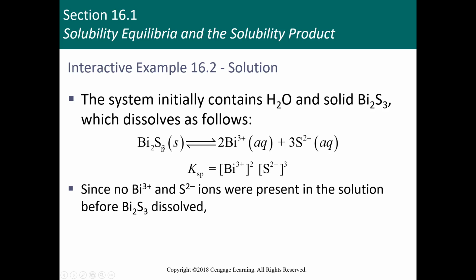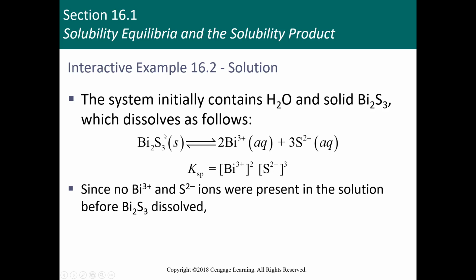And so you're going to have 3, that's the 3 right there, is going to be your coefficient. You're going to have to make 3 of these every time you break one of these apart. And you're going to have sulfur, and this is going to have a 2- charge. You'll notice that the total charge here is 3 times 2-, so a -6. That means that bismuth here, Bi, needs to have a total charge for those 2 Bi's that would total to a +6 because there is no charge right here.